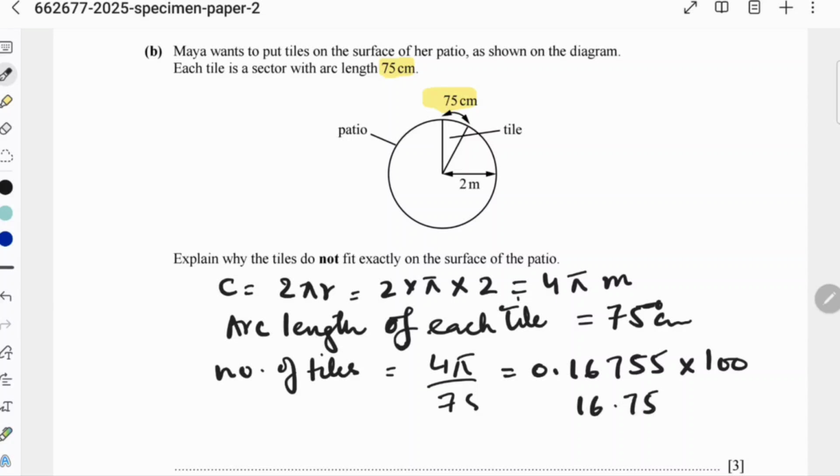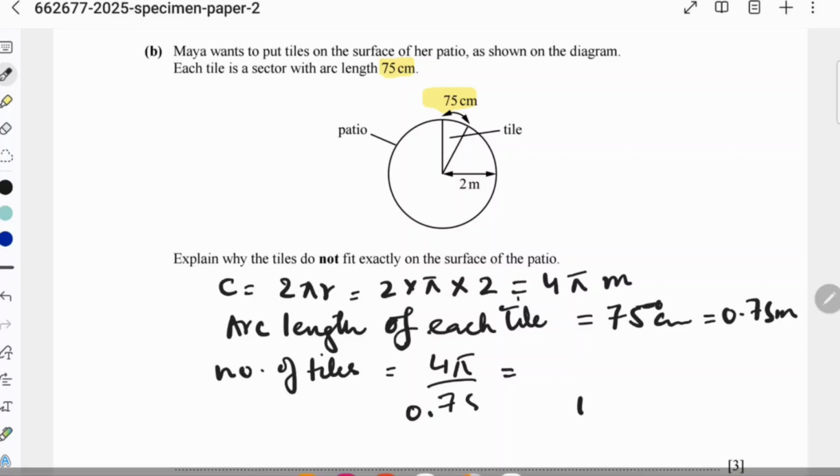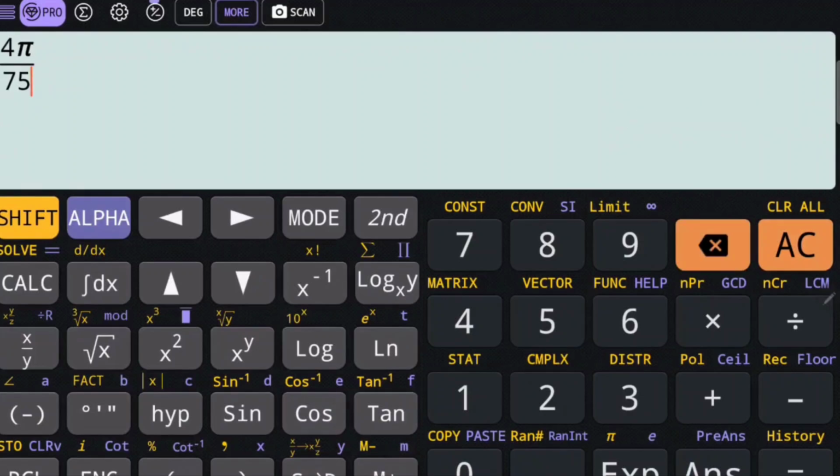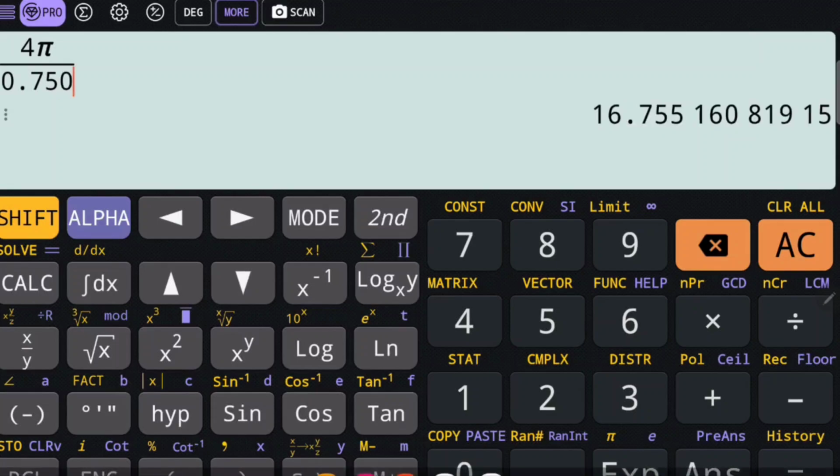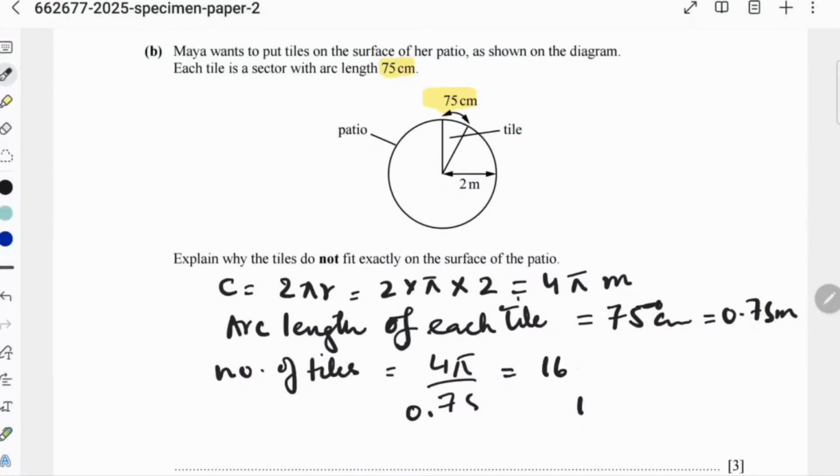Or you can do the same thing, like here you can write down 0.75 meters to make it in the same unit. Then also you will get the same answer. That is 16.755, which you can write down approximately equals to 16.76.